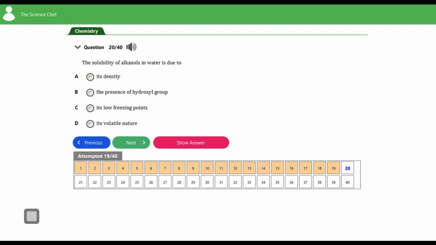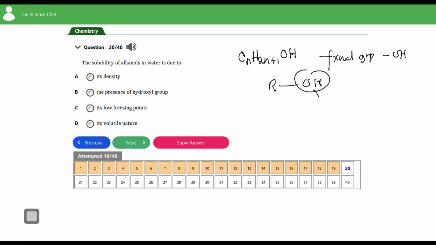Alcohols are organic compounds with general molecular formula CnH2n+1OH, where OH is their functional group. That's the hydroxyl group. Because of the presence of this hydroxyl group, they can form what we call hydrogen bonding with themselves, just like water.